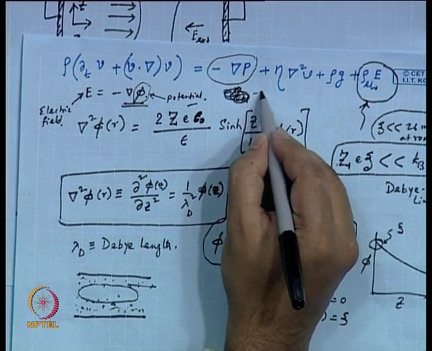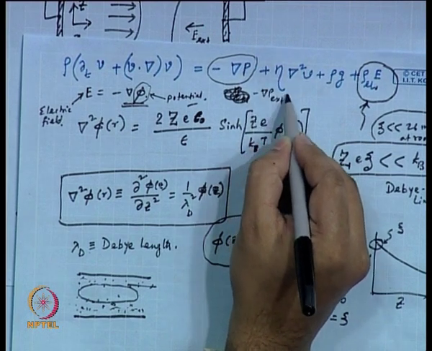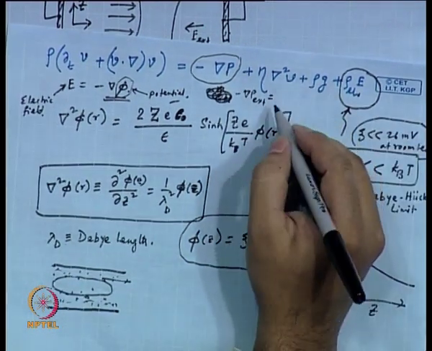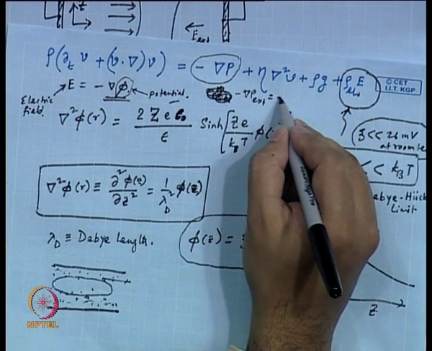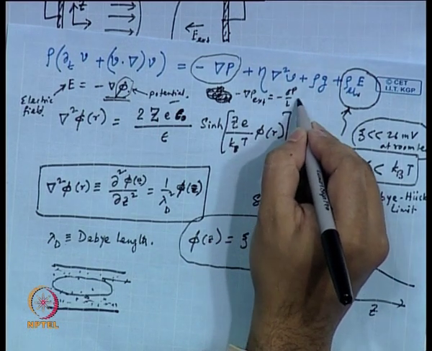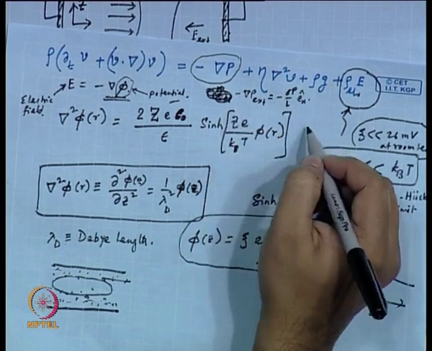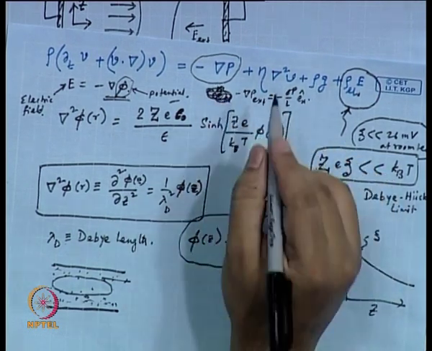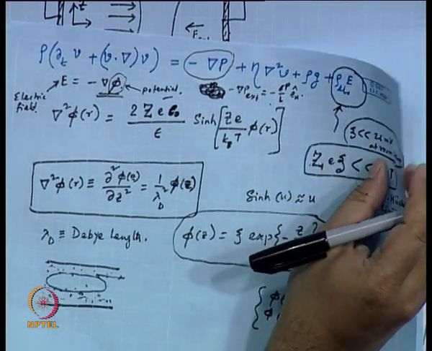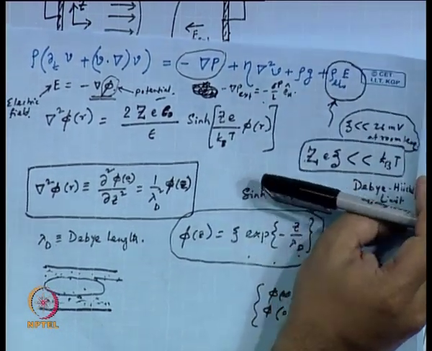Now, we will have minus delta p external, which will have a value minus delta p by L E x hat. So, this is something which you would be imposing. If we impose this, what would be the velocity profile? That is what people would be looking at.